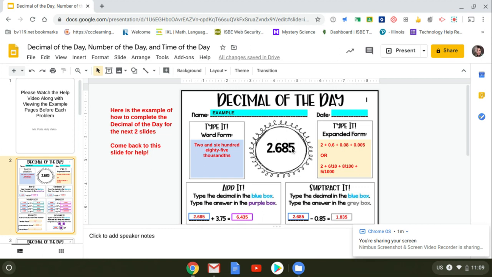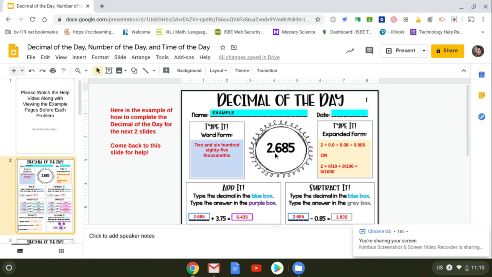So on this paper, it gives you the decimal that it wants you to focus on. So my decimal was 2 and 685 thousandths. So that was my decimal. And remember, this first place before the decimal point is your ones place.